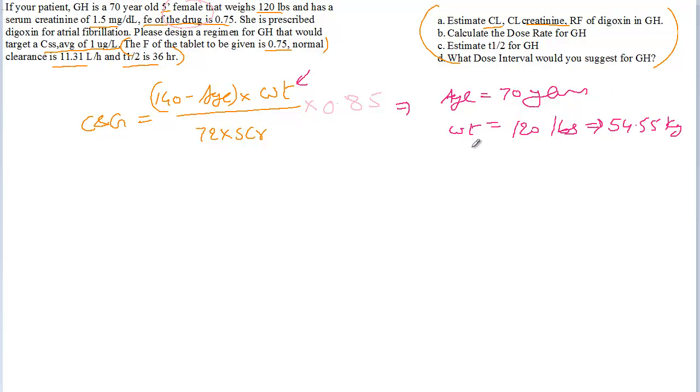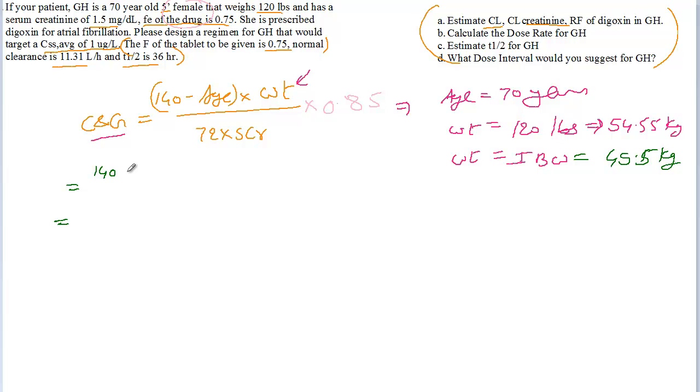But I hope you remember our previous video, which I posted on my Blogspot, on the weight considerations in the Cockcroft-Gault equation. For this particular patient, we have to consider the ideal body weight, right? So the ideal body weight for this patient is 45.5 kilograms.